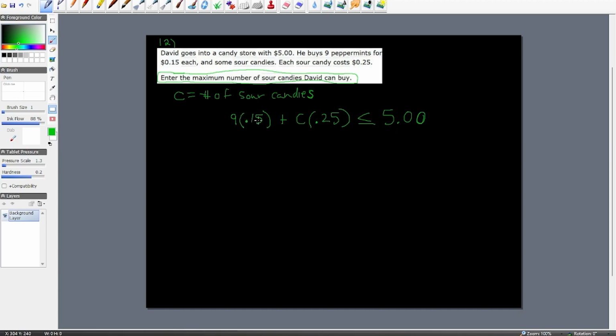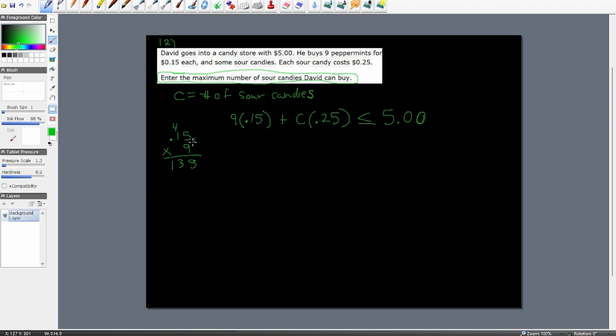So we have 9 times 0.15. We can just multiply that out. Let's figure out what that is. Now, whenever you're multiplying, it's always best practice to put the number with more digits, so with the longer number, as in this case 0.15, on top. 9 times 5 is 45. 9 times 1 is 9, plus 4 is 13.